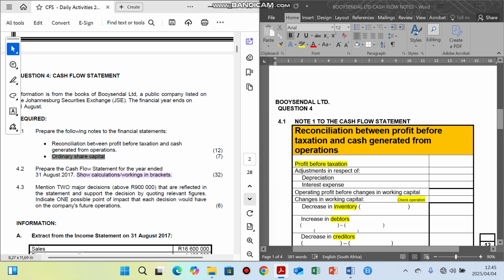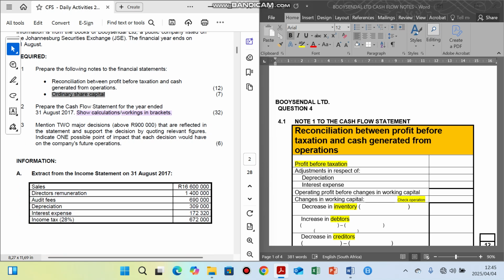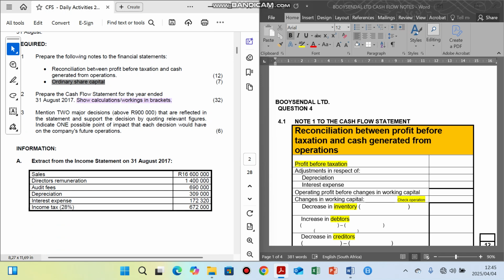Alright, so cash generated from operations, note number 1, which starts with profit before taxation. Then we go to the extract from the income statement. As you can see here, they've given us the income tax, and it amounted to 672,000. That income tax is calculated to be 28% of the profit.